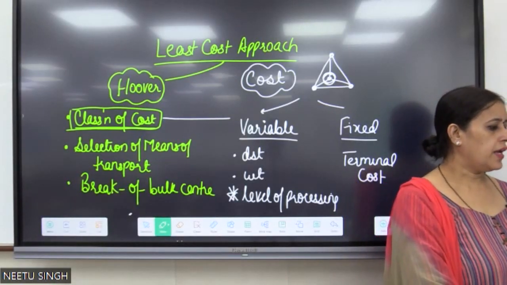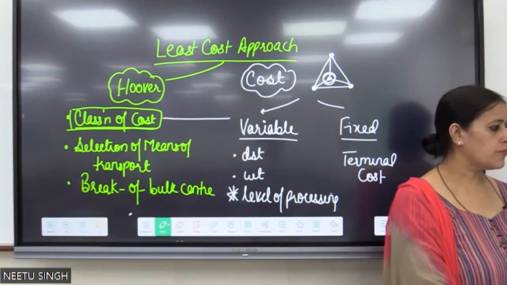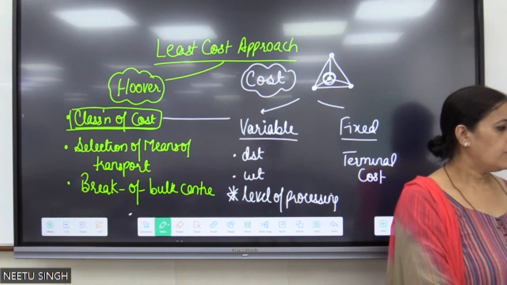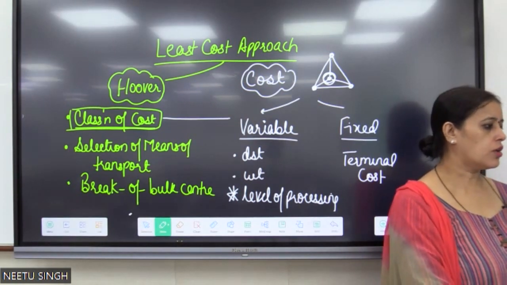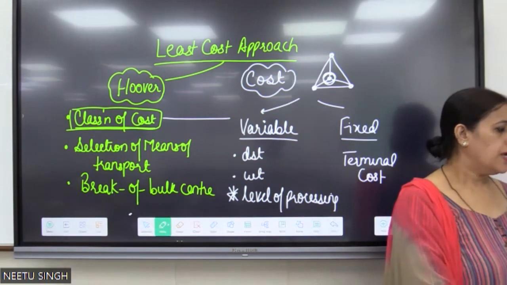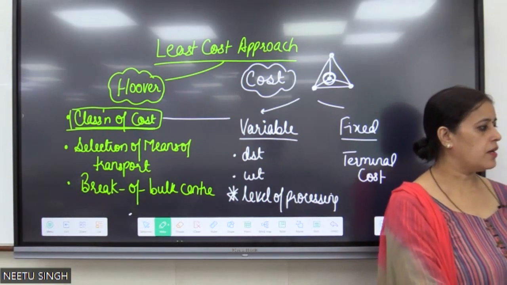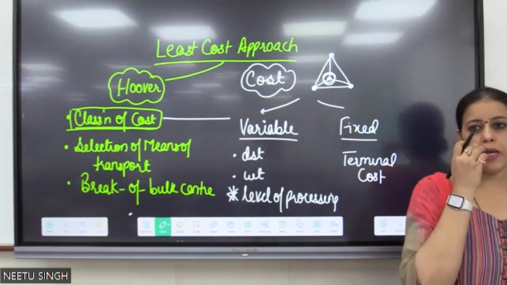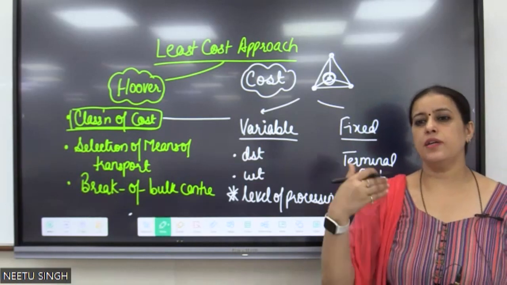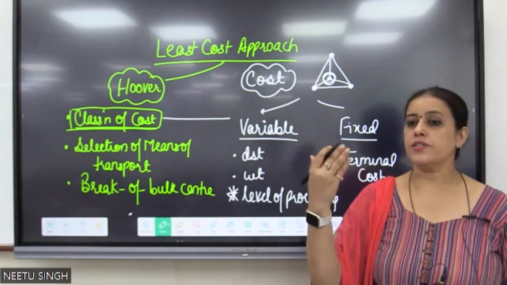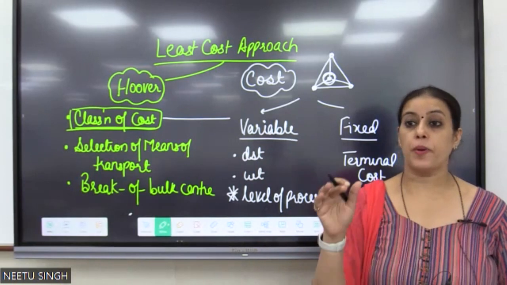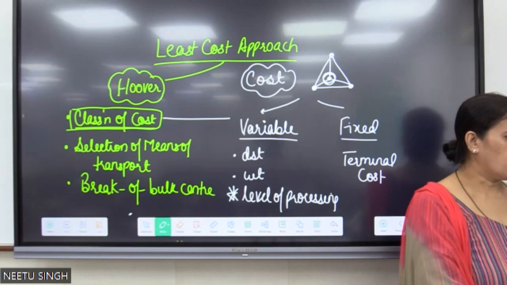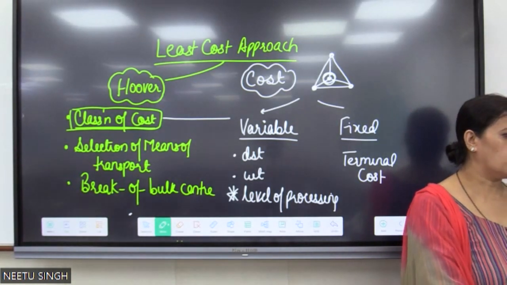Number 1, he has classified the cost, that is variable cost and fixed cost, where fixed cost was not talked about by Weber, and variable cost is enriched by him as he takes into consideration increase in distance traveled, increase in weight of the commodity displaced, plus level of processing. अगर आपको criticism of Alfred Weber लिखना है तो आप बहुत आराम से लिख सकते हो.